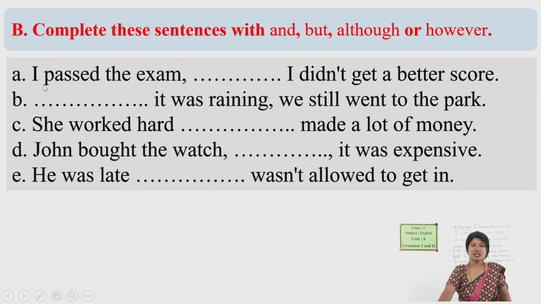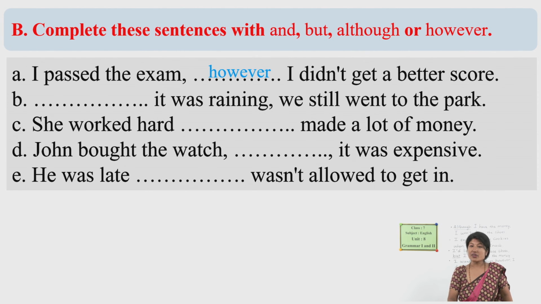Number A. I passed the exam, blank, I didn't get a better score. What is the expected word we fill in over here? I passed the exam, but, and, however, although, what matches over here?